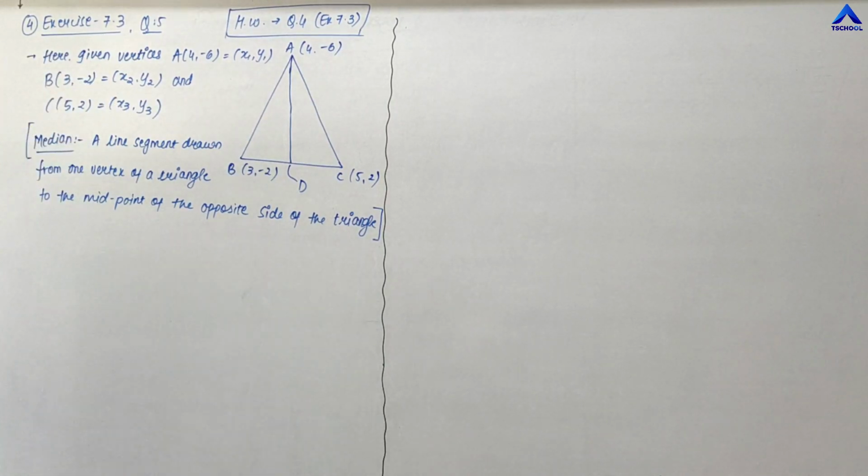That is known as a median. A line segment drawn from one vertex of a triangle to the midpoint of the opposite side of the triangle.